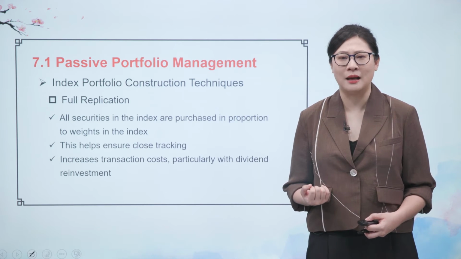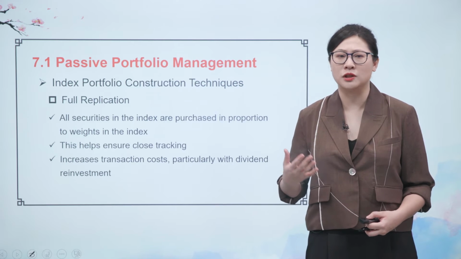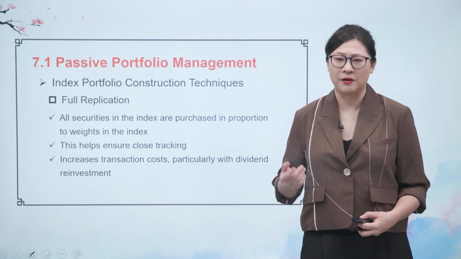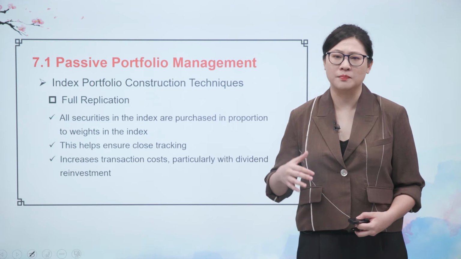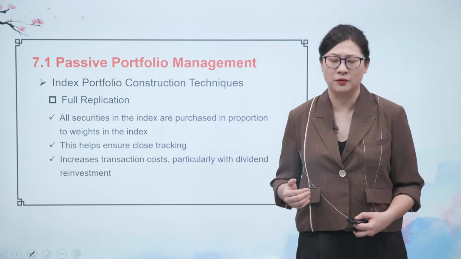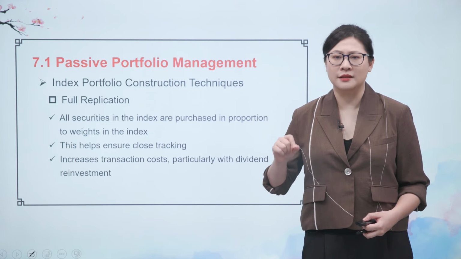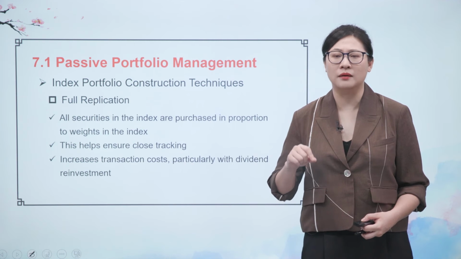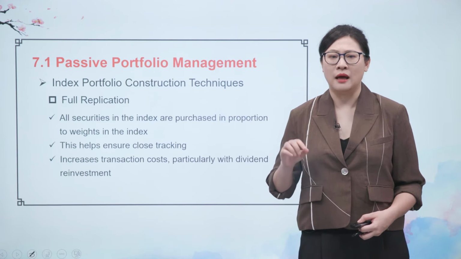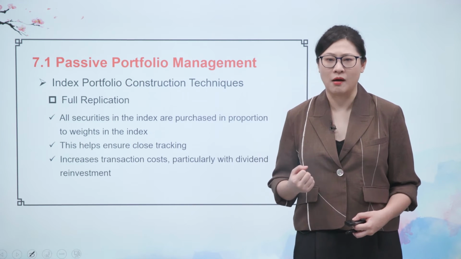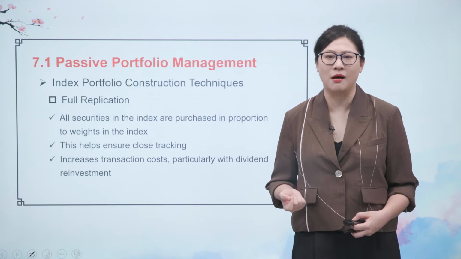This happens if you hold many stocks in your portfolio. All these stocks pay small dividends at different times in the year. Definitely, it will cost you lots of transaction cost.